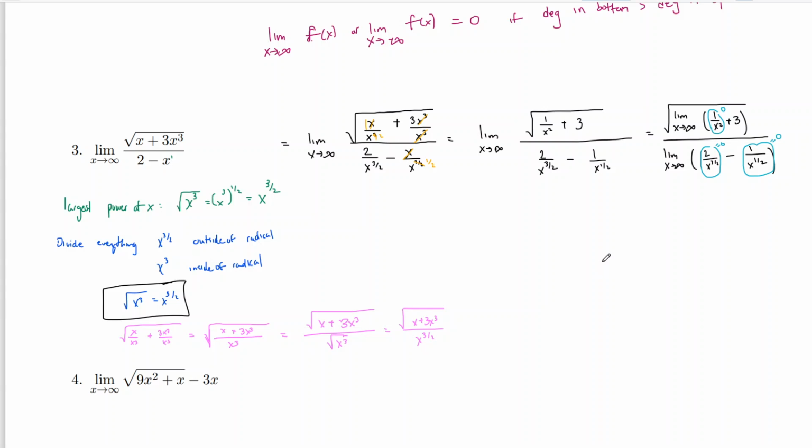Okay, so what are we left with? Oh, and then the limit of just a number is a number. So what's left inside the square root is 3 because we have 0 plus 3. And what's left on the bottom, it's actually 0. So what's going on here? Well, the question we had before was when we divide by 0, we know this is plus or minus infinity. How did we figure out whether it was plus or minus infinity before when we were doing limits?